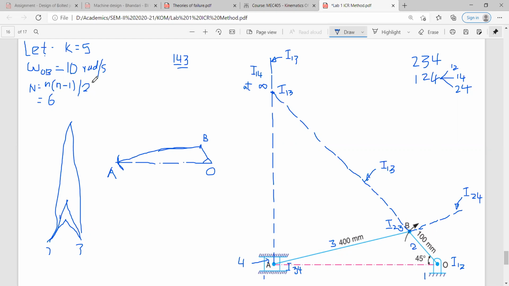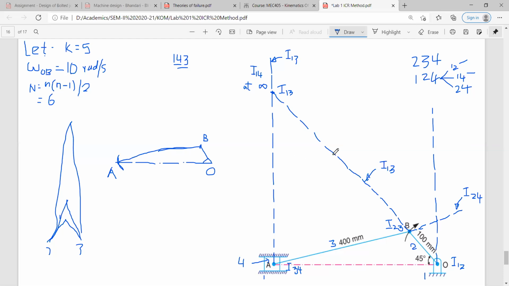Okay, so when you will connect this I34 and I12 from a point I14 which is at infinity, the lines will appear like parallel. Okay, so what I will do, in order to join these points I12 and I14, I will draw a line from point I12, okay, which is, this line is parallel to this line.